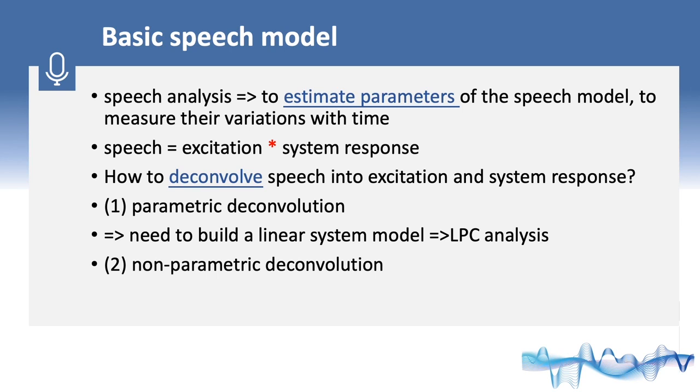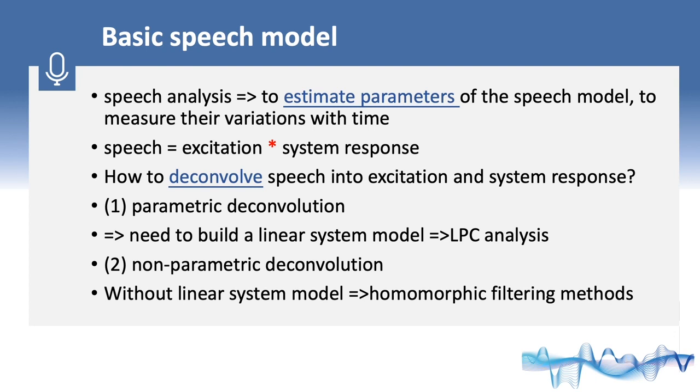We could do this using homomorphic filtering methods without a linear system model. Homomorphic filtering is a nonlinear filtering that obeys the generalized superposition principle. It is possible to separate non-additive combined signals, such as multiplicative or convolutional combination.